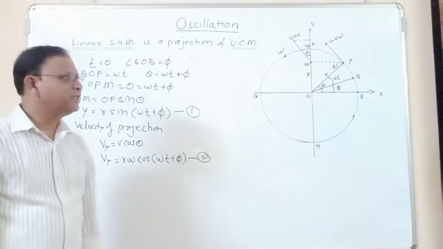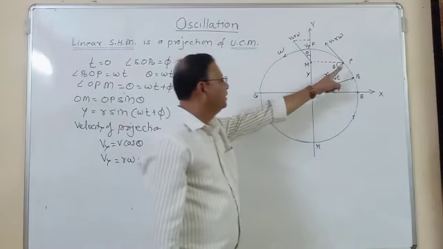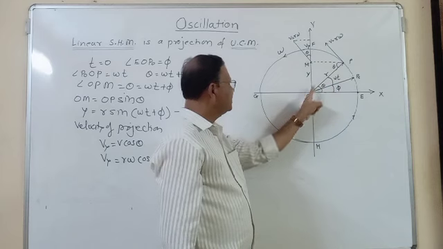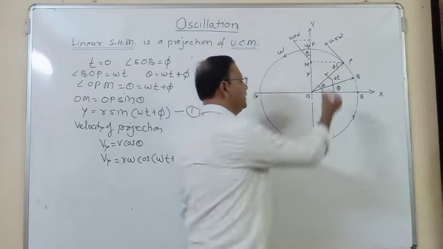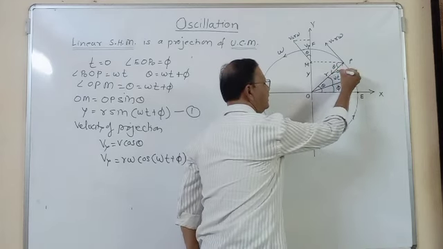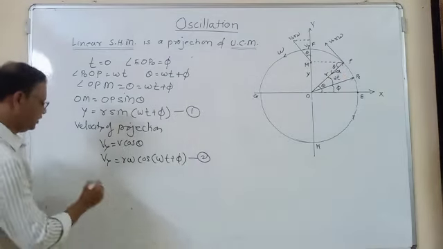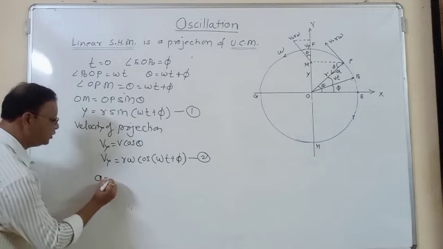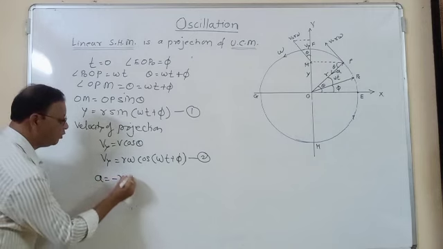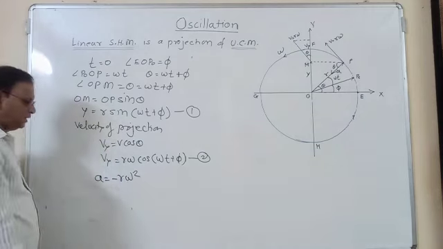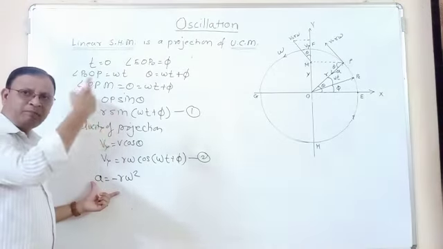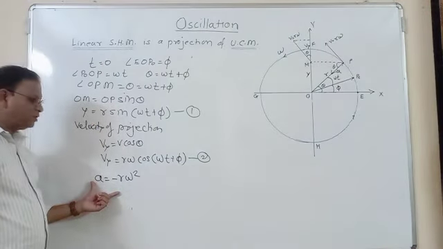This acceleration is directed towards the center, and it is given by the formula A is equal to minus r omega square. This is the acceleration of a particle performing the uniform circular motion.